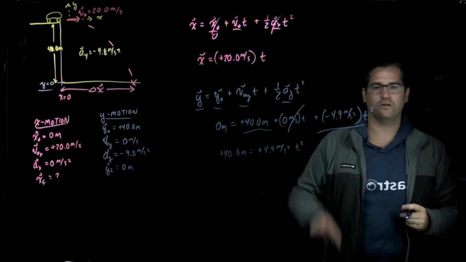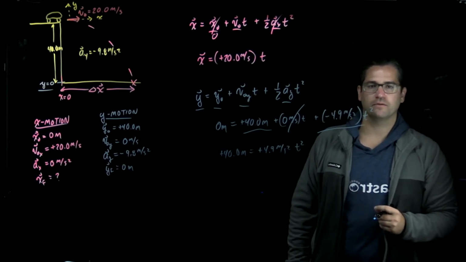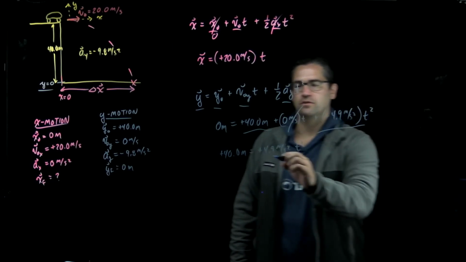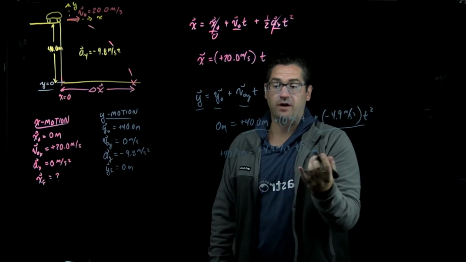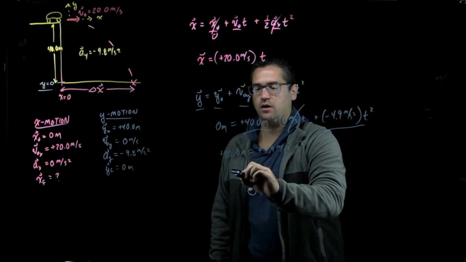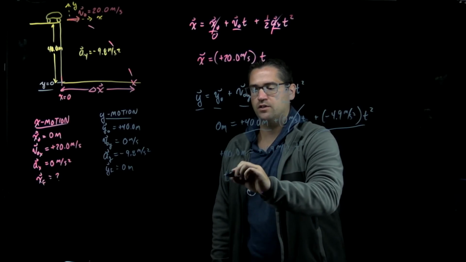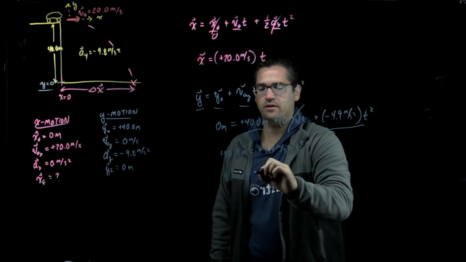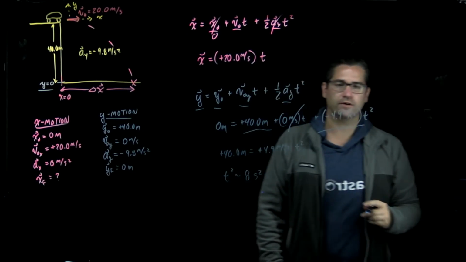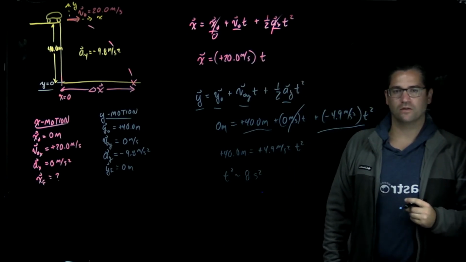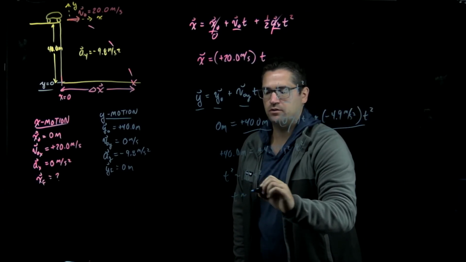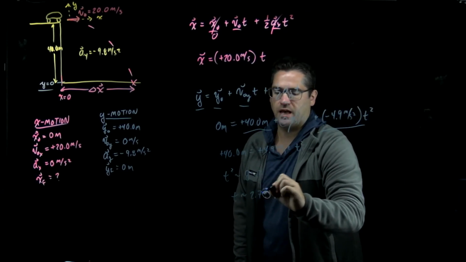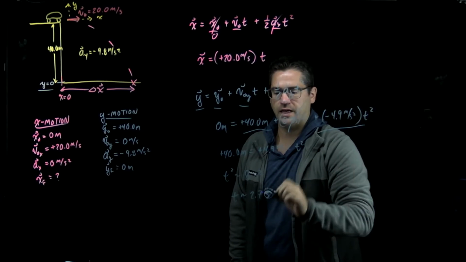And so now I'm going to solve here for t. I don't have a calculator on me, so I'm just going to divide 40 by 5. So t squared is about 8 seconds squared. And then I'm going to take the square root. So t is about 2.7, 2.8 seconds.